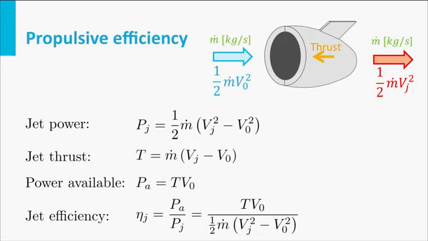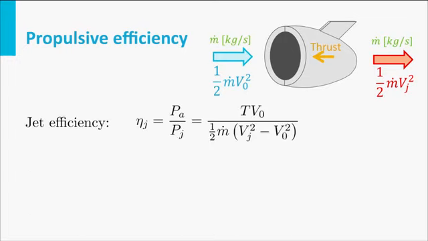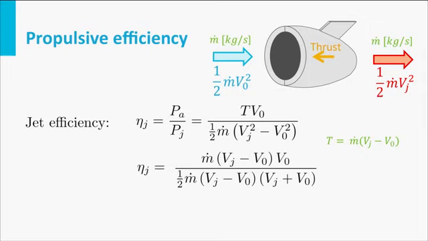Let's have a closer look at this equation of the jet efficiency. The thrust times V0 we can also replace using the equation we have for the thrust, m dot times the speed difference. It looks more complex, but look at what we can strike away here. We see the m dot both on the upper and lower side of this equation. Vj minus V0 we can take out, and dividing by half is the same as multiplying by 2.